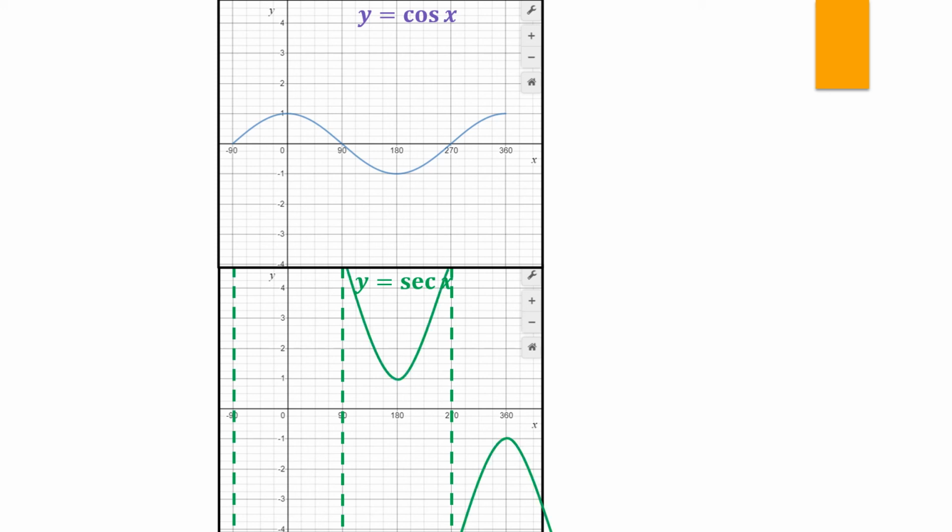If we then take our cosecant curve, we're going to shift that 90 degrees to the left, and you can see that now we've got a minimum stationary point at 0, 1, and we've got a maximum stationary point at 180, negative 1, and we've got a final minimum stationary point at 360, 1.